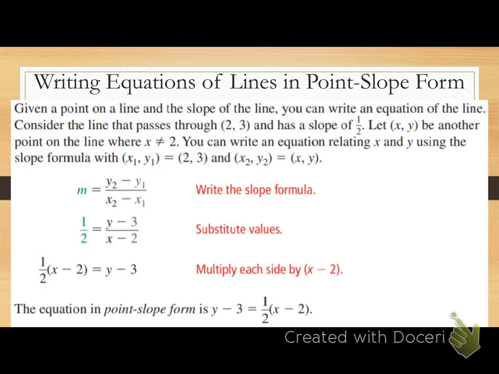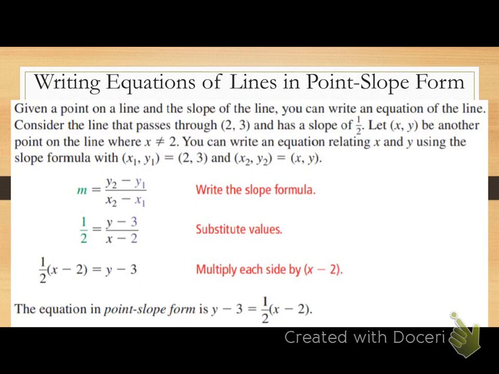Let x, y be another point on the line where x does not equal 2. You can write an equation relating x and y using the slope formula with x1, y1 equaling 2, 3 and x2, y2 equaling x, y. So let's just say we have some other point x, y and 2, 3 and the slope 1/2. Let's plug all that in to our slope formula.